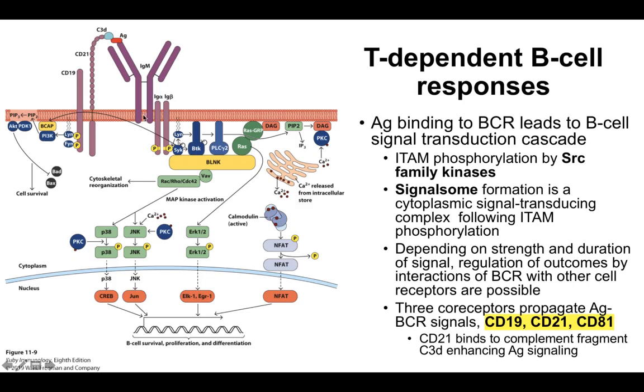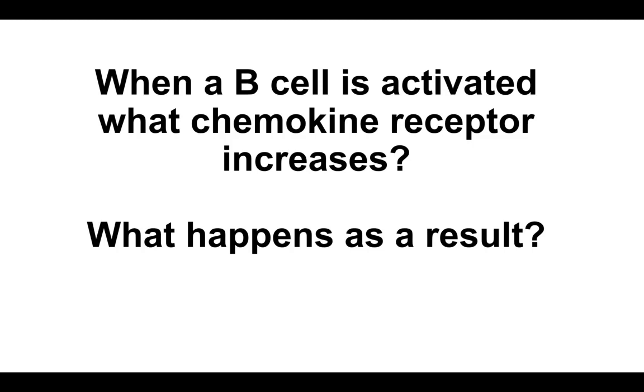The intracellular tails of the B cell receptor itself aren't long enough, so there are other molecules, Ig alpha and beta, that are phosphorylated here, and CD19 that are important in initiating these cascades. These pathways ultimately result in the movement of transcription factors from the cytoplasm into the nucleus, and they then change the expression of the genes in the nucleus, and they turn on genes to help promote this B cell to survive, to proliferate, and ultimately differentiate into the B cell that it wants to become.